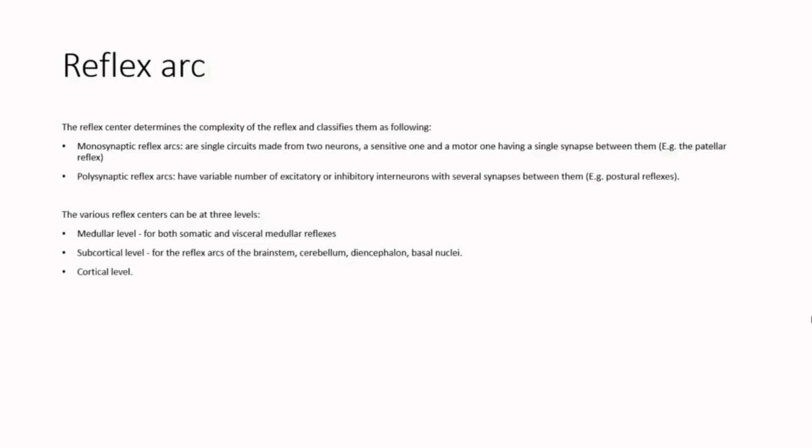It has a single synapse between them. A prime example of this is the patellar reflex. Polysynaptic reflexes are excitatory or inhibitory relay neurons with several synapses between them. A good example of this is the postural reflexes.